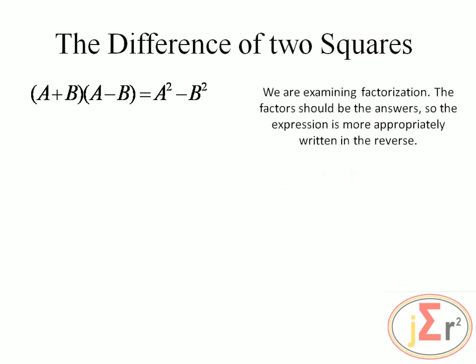We are examining factorization. The factors should be the answers, so the expression is more appropriately written in the reverse order. Whereas we have from the factors to the difference of two squares, since we are factorizing, we should have the difference of two squares to the factors, which is what we have right there.